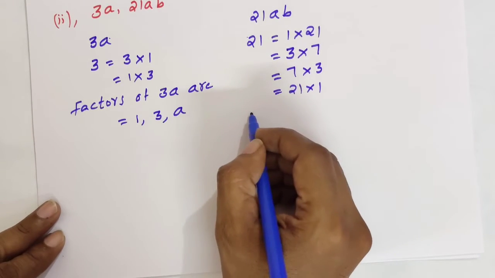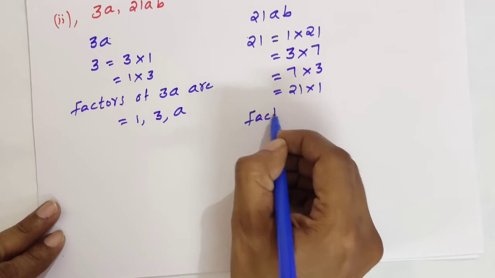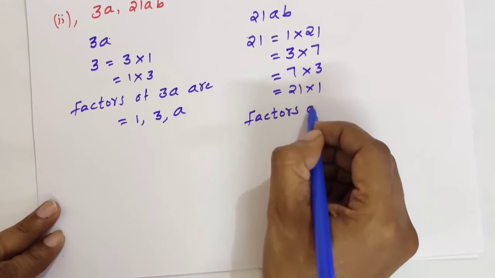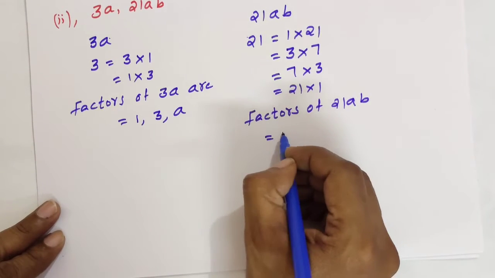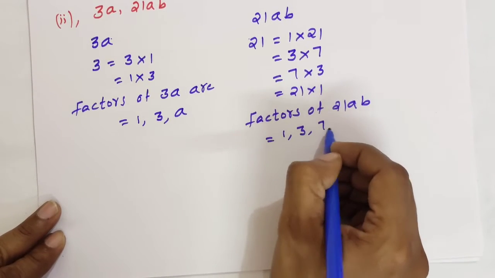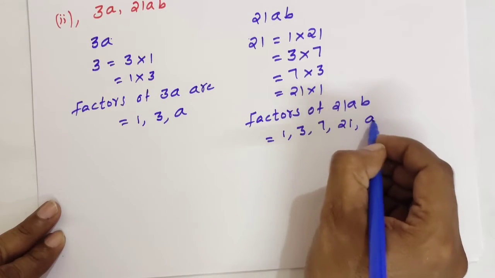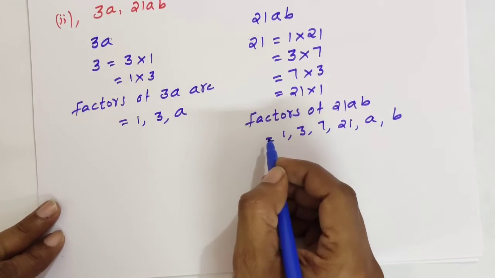Now write the factors of 21ab. Those are simply 1, 3, 7, 21, a and b.